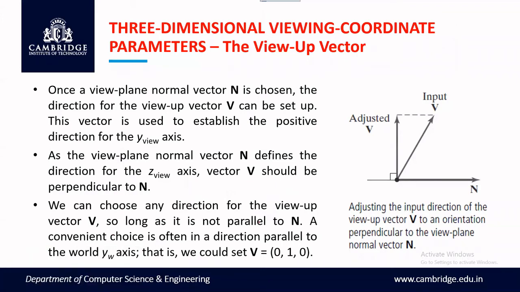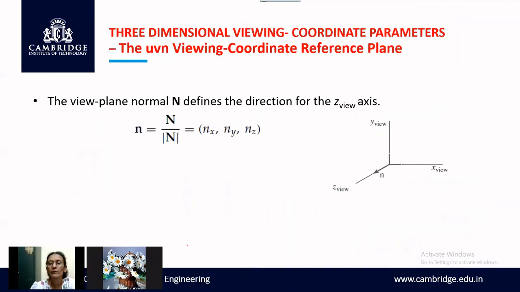The ideal choice is the y-axis, that is 0, 1, 0 for the view up vector. Now we define the normal vector. Okay, normal vector is the one along which we are viewing, in this direction.